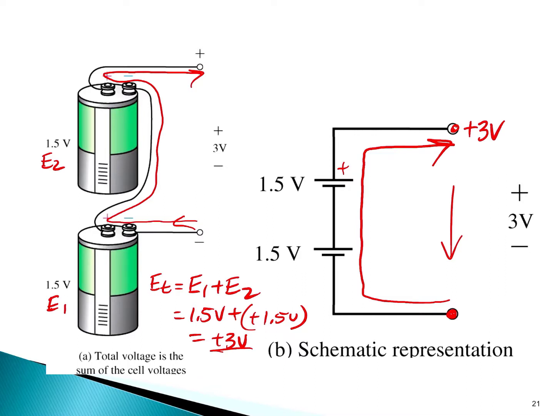Otherwise, just saying 3 volts as the total amount of charge separation between these two terminals is perfectly correct. The plus 3 volts indicates that you took this negative terminal down here as a reference and added the voltages up such that they were all positive with respect to that point to give you plus 3 volts.